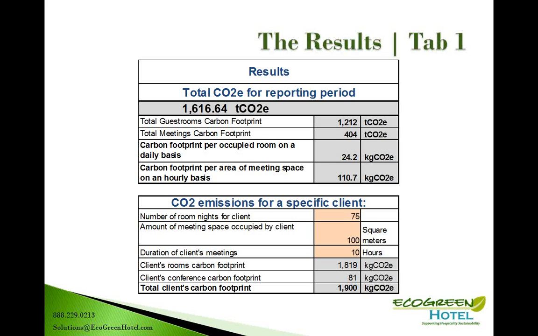You just put in the number of nights and the amount of meeting space occupied by the client and how long those meeting spaces were, and it will give you the carbon footprint. So you can go straight back to the client and say, this was your carbon footprint, and it's worked out completely proportionately. It's just a matter of filling in the orange boxes on the methodology. So a very useful and practical tool, I hope.